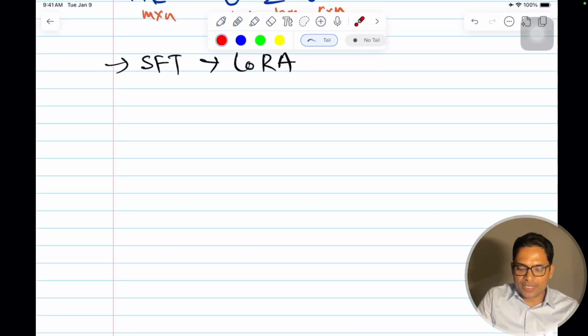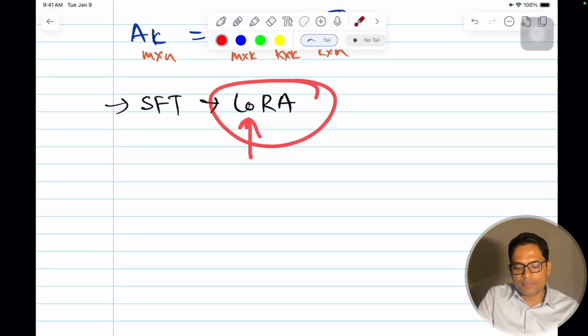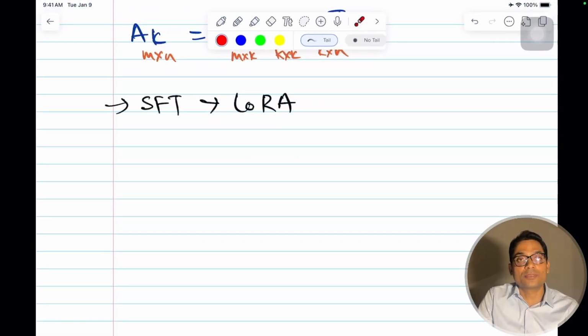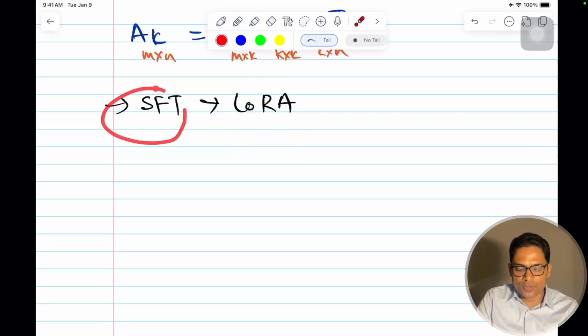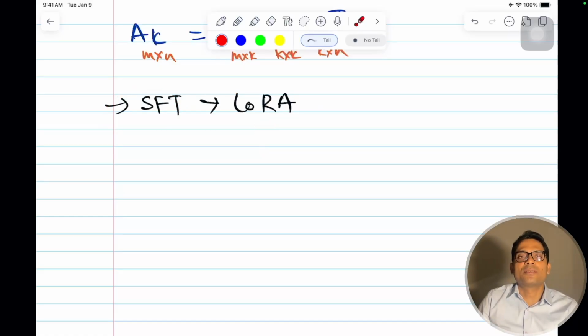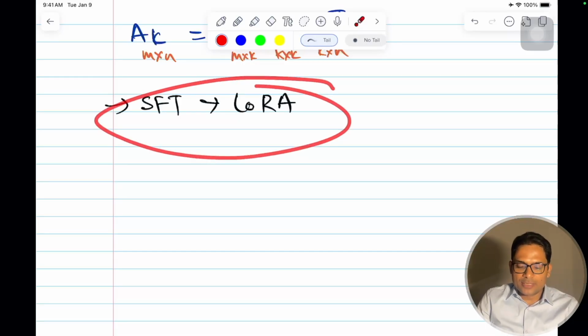Low rank adaptation is used for supervised fine tuning, and it is based on low rank approximation, where the weights of the pre-trained model are kept fixed, and the matrices with lower rank are trained. So this is the application.